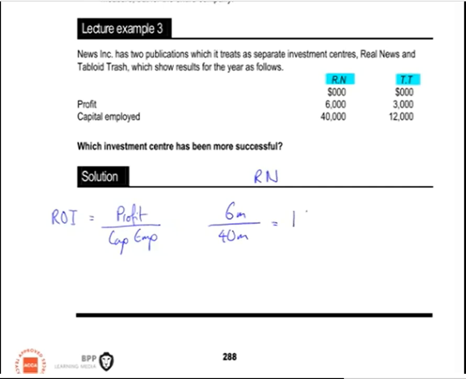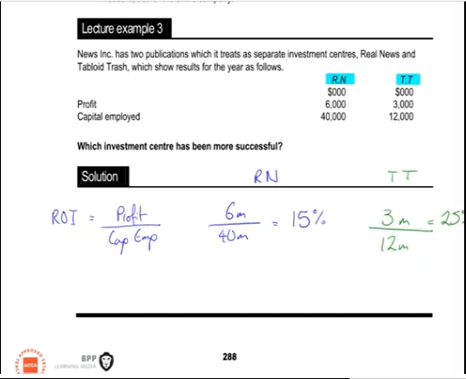So that gives a return of 15%. Tabloid Trash created profits of half that, 3 million, but they had less than half invested. They only had 12 million available in their capital employed. So their return in percentage terms is much greater, 25%.